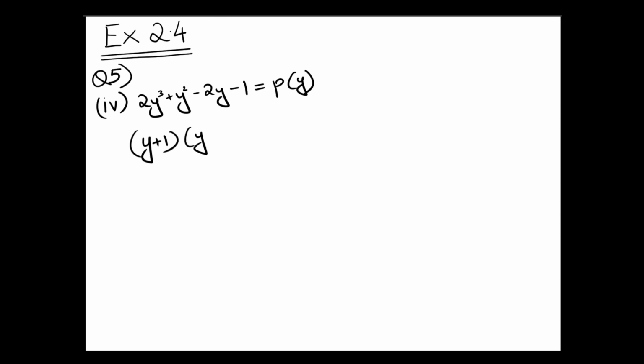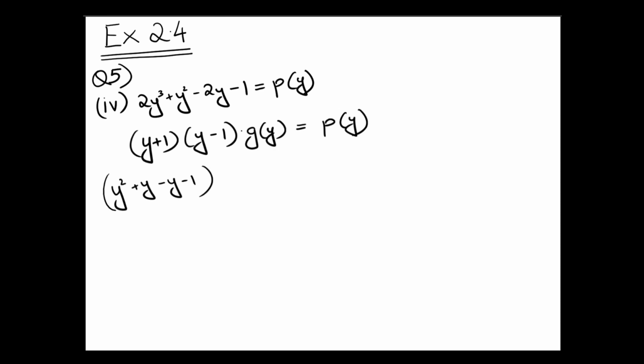I have here y plus 1 into y minus 1 into another polynomial, call it g of y, equal to p of y. Now opening the brackets here, I get y square plus y minus y minus 1, whole into g of y is equal to p of y.